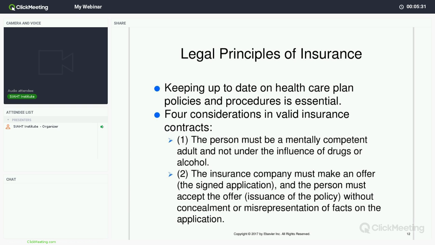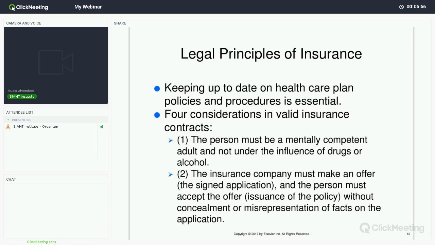Now the legal principles of insurance. Insurance is very important for the following reasons. The person must be covered, and in order for them to be covered, the person has to be mentally competent and should not be under the influence of drugs or alcohol. The insurance company must make an offer by a signed application.